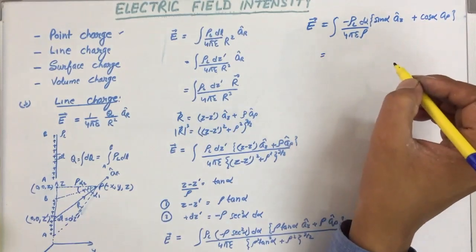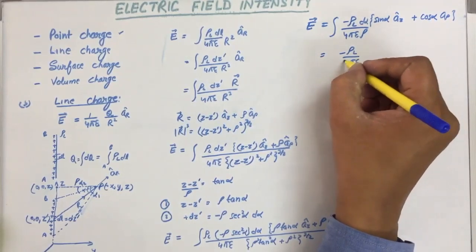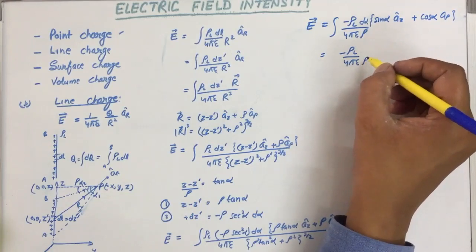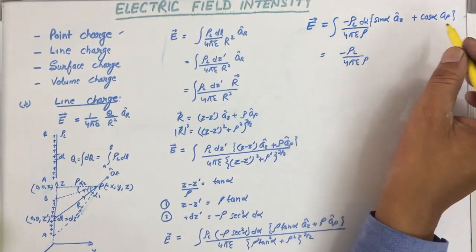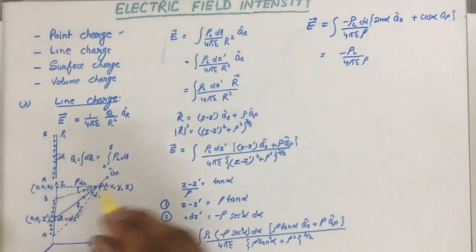Now we will simplify further: minus rho L over 4 pi epsilon rho, sin alpha, where the variable is alpha, varying from alpha 1 to alpha 2.